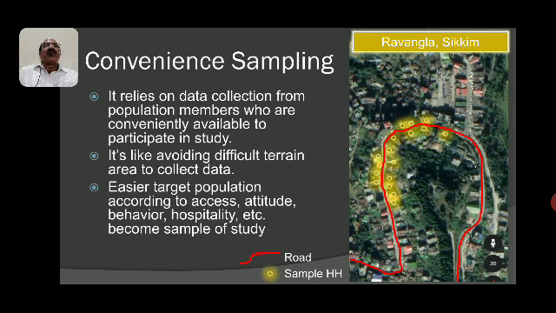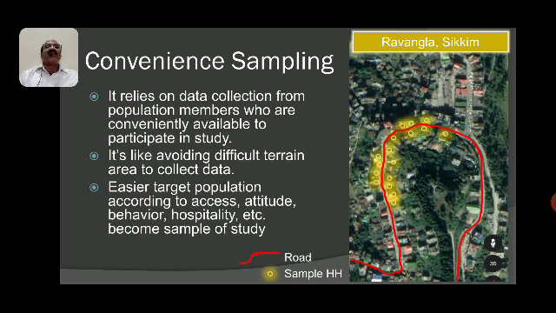Easier target population, say according to access, or who will go to that far place, or I will collect from my neighborhood. Then attitude: you will definitely avoid a person who is not willing to share data, or whose behavior is not good, or somebody is having good hospitality, then it will be an attractive place to visit the household.